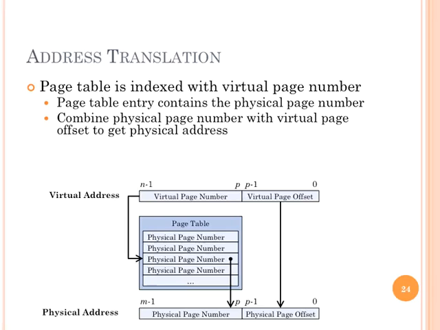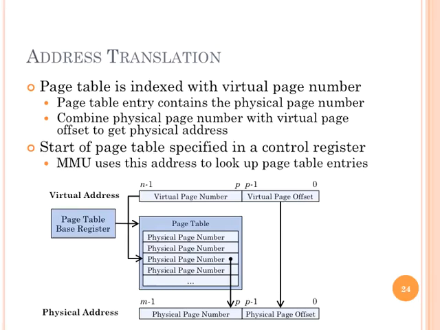It says, I can't find it, and you have to go set it up for it. But anyway, the table is really simple. We just take the virtual page number and use it as an index into an array of entries. The index tells us where to look, and the value at that index is the physical page number that corresponds to that virtual page number.